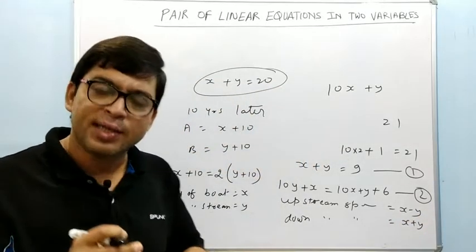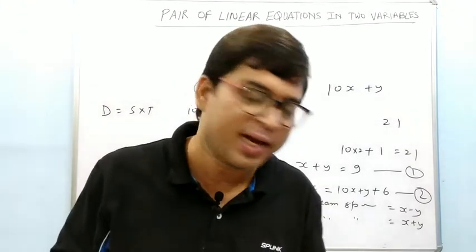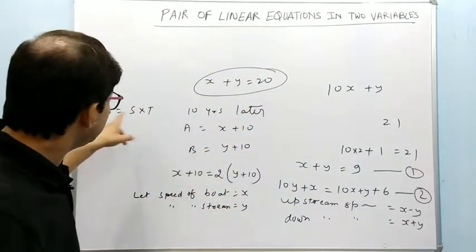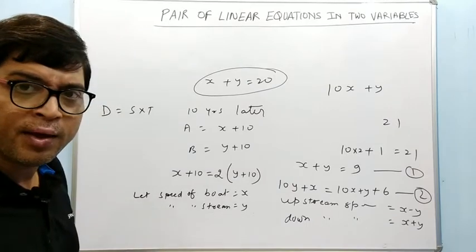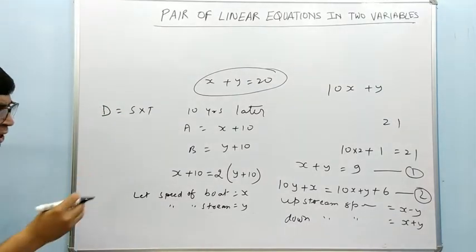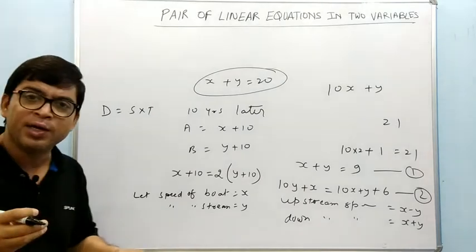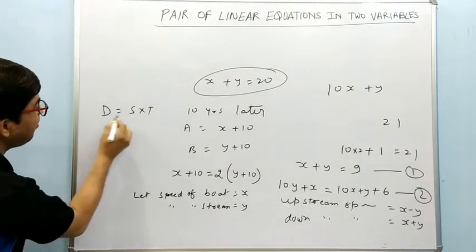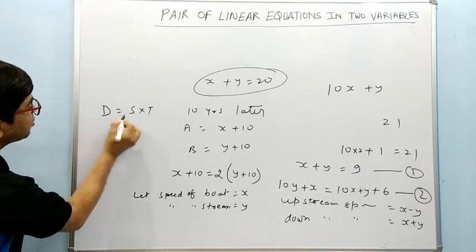Whatever is given, we have to understand the upstream speed and what relation we have to apply. Distance equals speed into time. If it is given that the boat is going 3 kilometers upstream, that means time taken will be distance by speed.